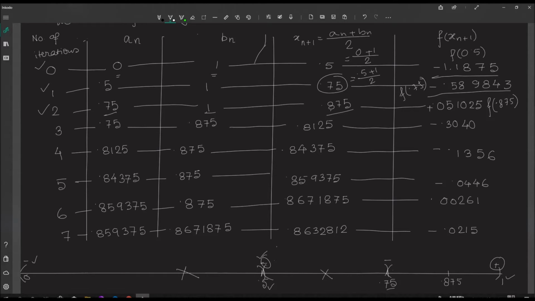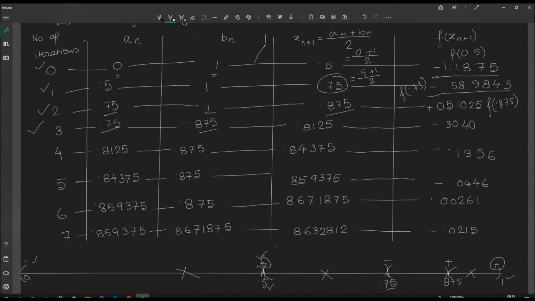So we are putting here the plus. Now check, that is plus, that is plus. So we are eliminating that range. So the range now is from 0.75 to 0.875, and as usual that is our fourth iteration.